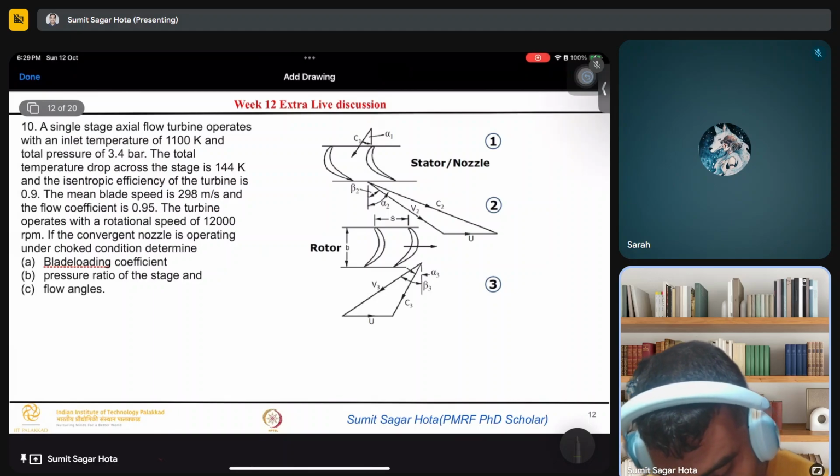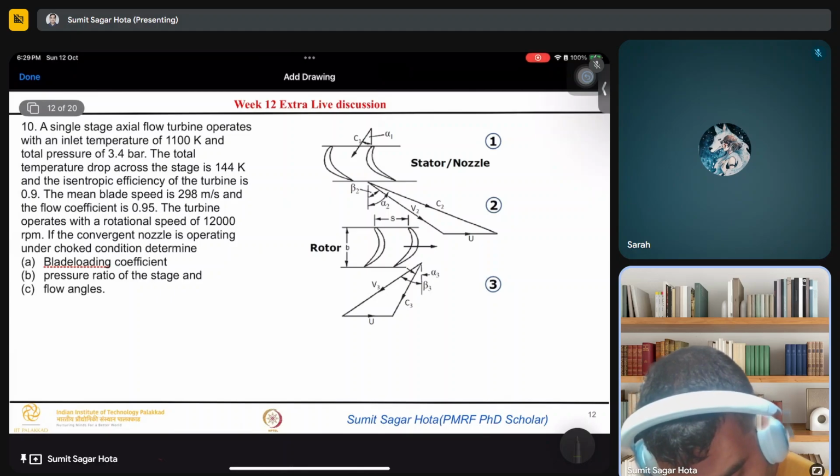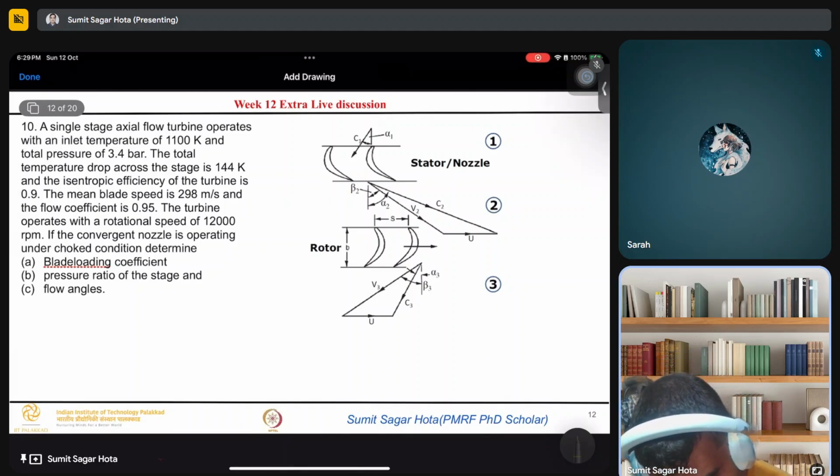So in the question, okay, the Cp is not mentioned. If it is not mentioned, just assume it as our standard value.